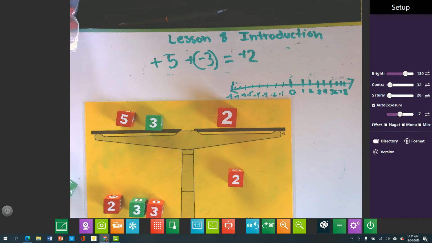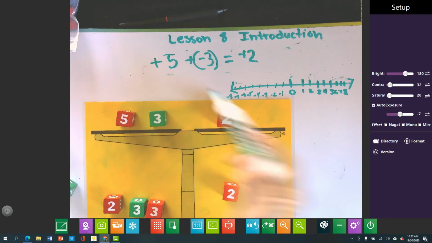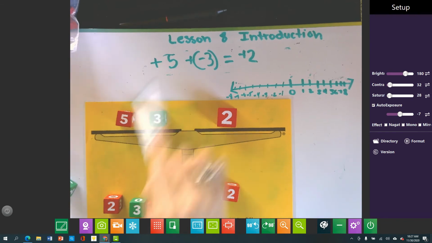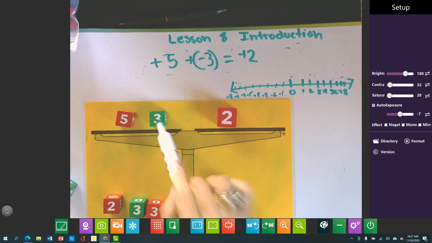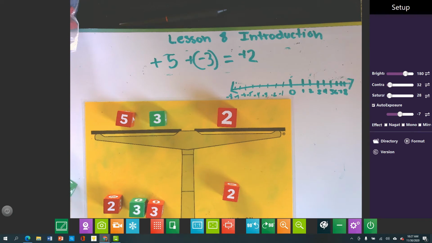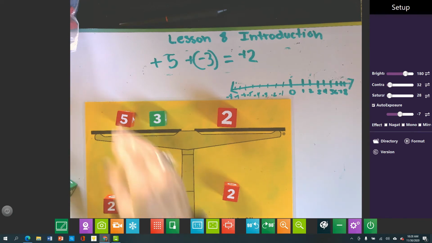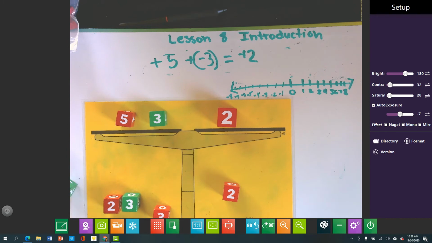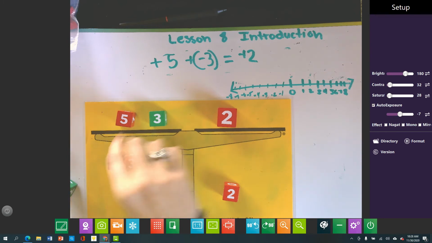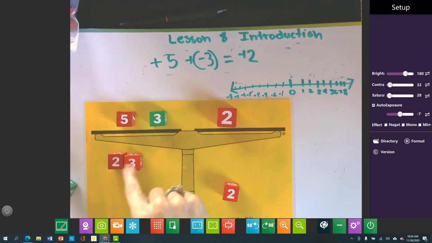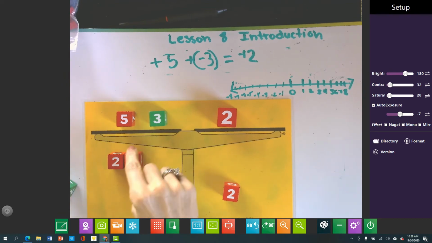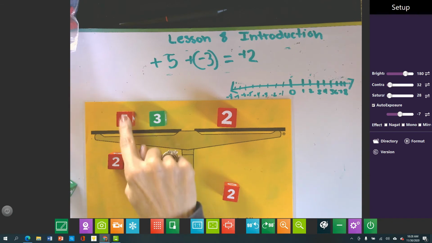Okay, so let me show you how to do this problem in a different way. So here's the same problem we just had. A positive 5 plus a negative 3 is going to equal 2. Remember that we can break numbers apart. So if we replace this 5 with a positive 2 and a positive 3, that's going to give me my 5.